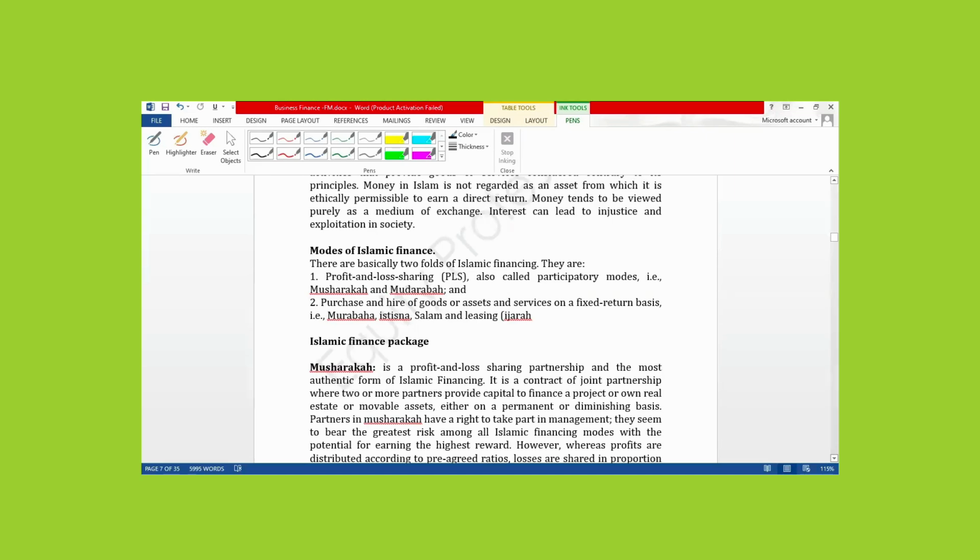One of them is Musharaka. Musharaka finance is a profit and loss sharing partnership and the most authentic form of Islamic finance.